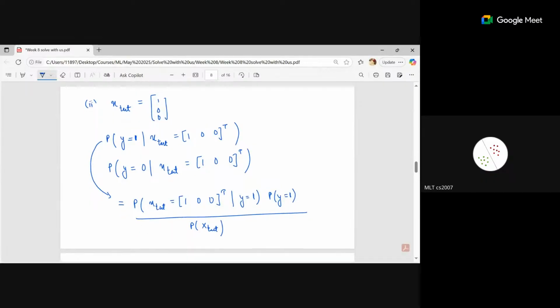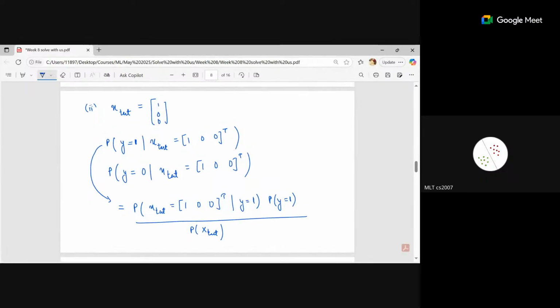Now, if we use class conditional independence, it is just going to be the probability that f1 is equal to 1 given y equal to 1, times the probability f2 is equal to 0 given y equal to 1, times the probability that f3 is equal to 0 given y equal to 1, times the probability y is equal to 1.